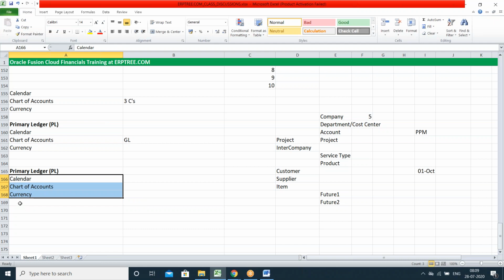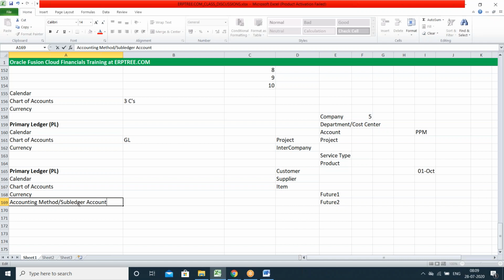Along with the three C's, we need one more component called accounting method. You can call this the subledger accounting method also. The technical term is accounting conversions.